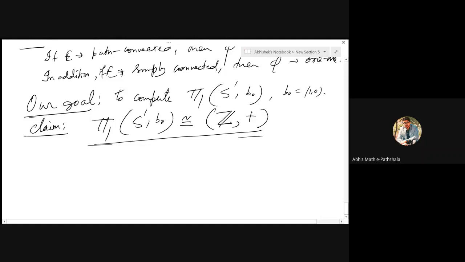So it depends on the direction of loops, whether they travel clockwise or anti-clockwise, which will determine the sign of the integer, right?